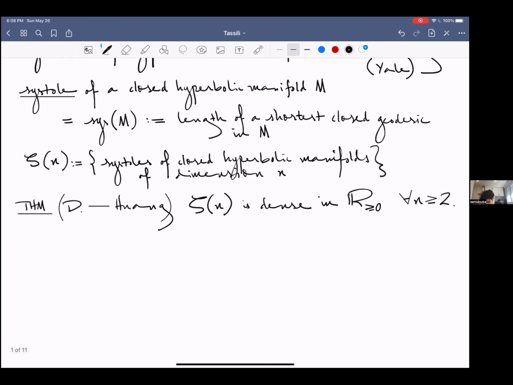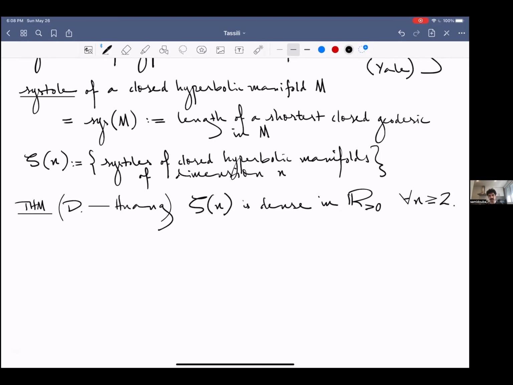So for n equal to 2, this should not be surprising. In fact, for n equal to 2, this set is in fact the entire set of positive reals, and you will see a proof of this fact in the talk.